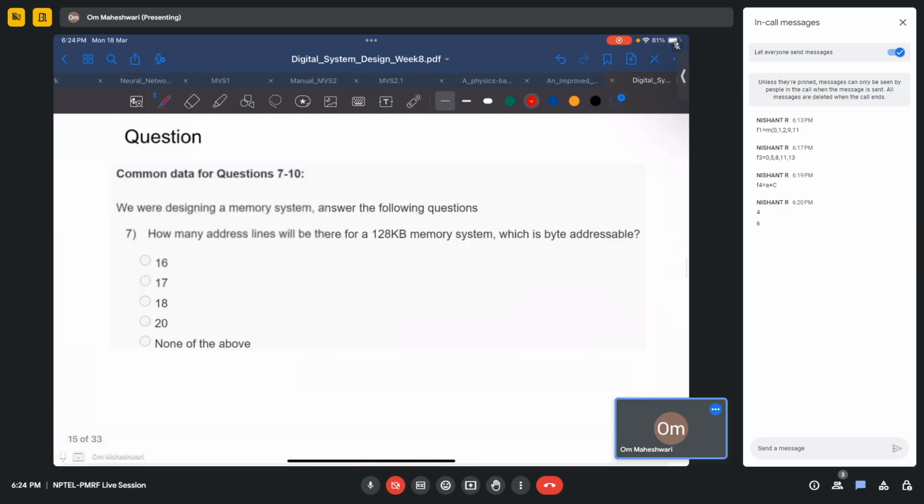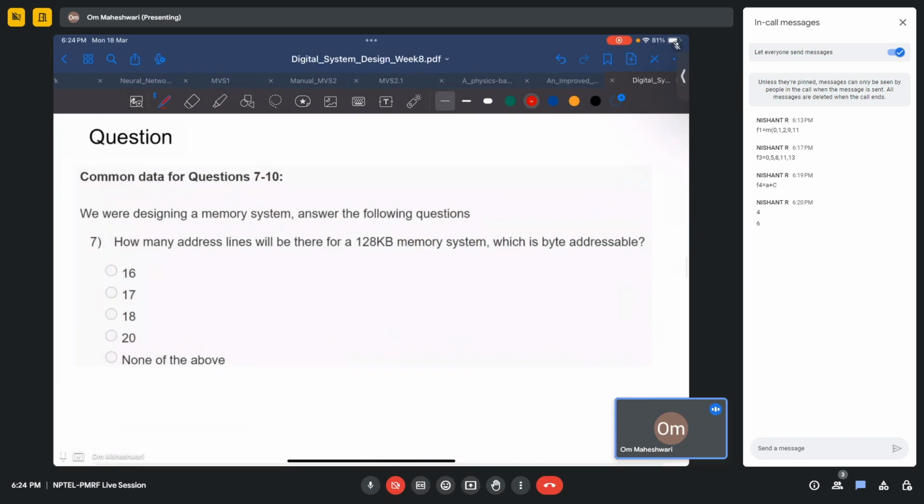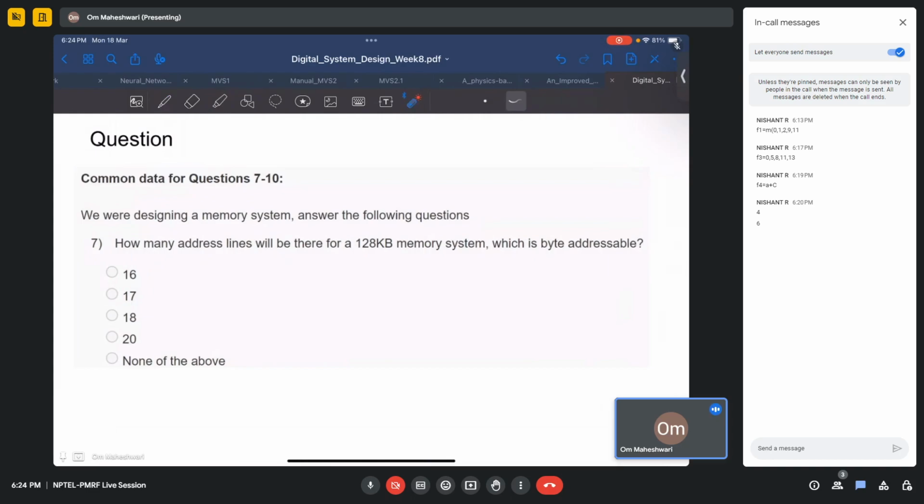This was simple. So next question is we are designing a memory system. Answer the following questions.